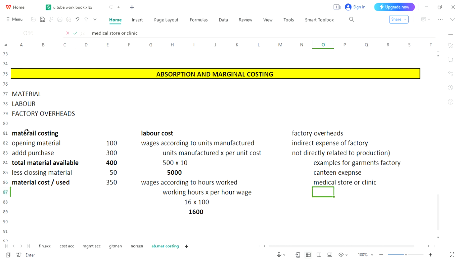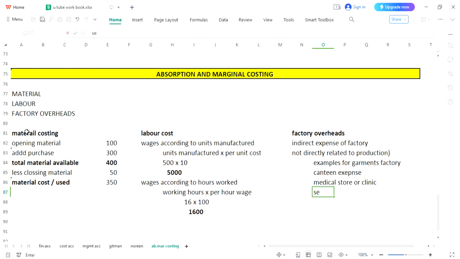So obviously you will be spending some amount upon medicines or salary of the doctor, salary of the compounder. So those amounts are also expenses, but they will be considered as factory overhead. Why? Because these expenses have no concern with the garments manufacturing: canteen expenses, medical store.